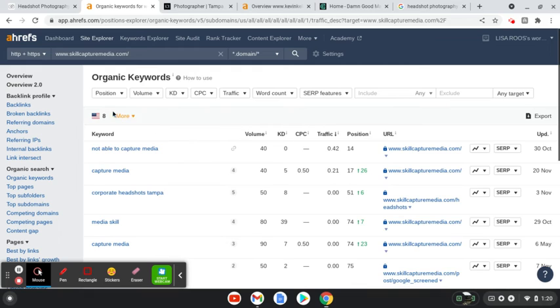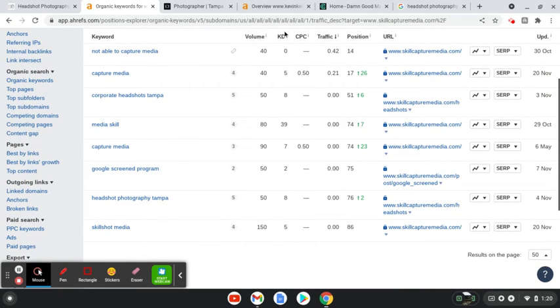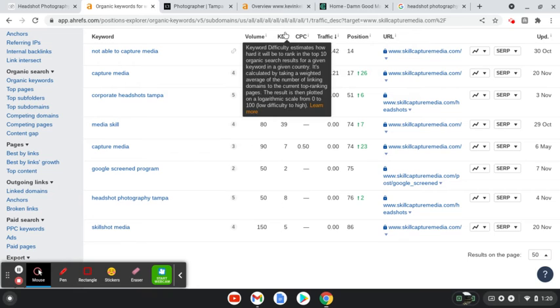If I click on keywords, there are three columns in here: the volume, the KD, and the position. Volume is how often these particular keywords are searched per month, and they change monthly. Every 30 days, this will update itself.